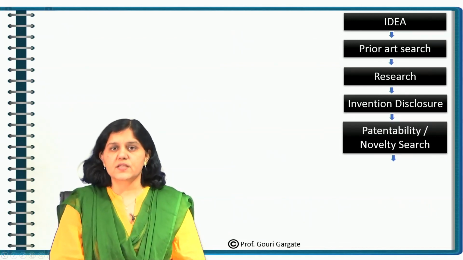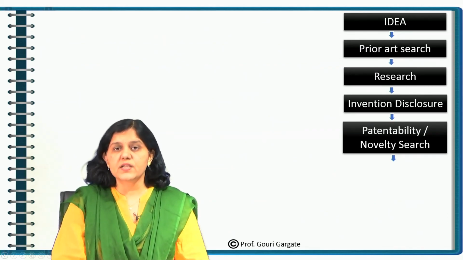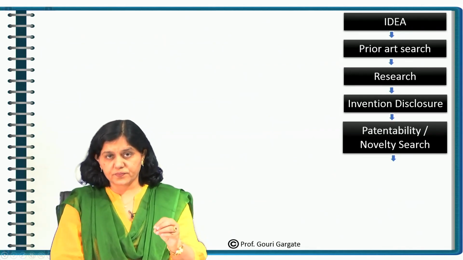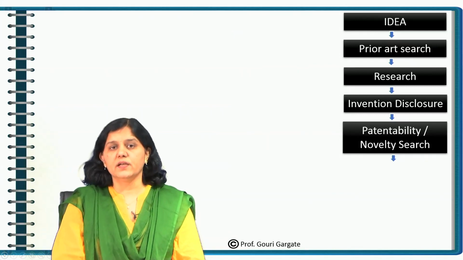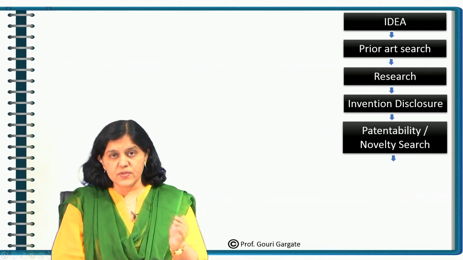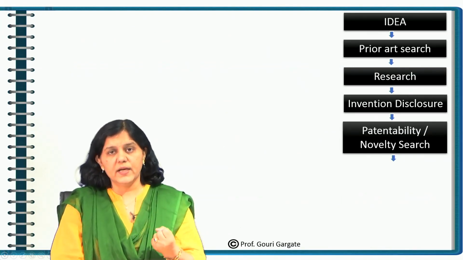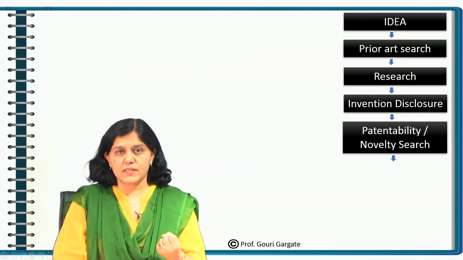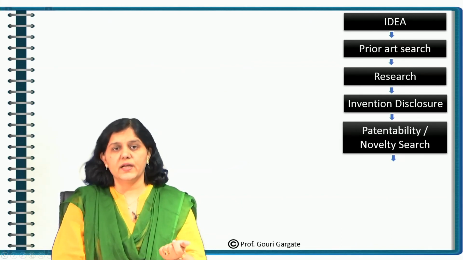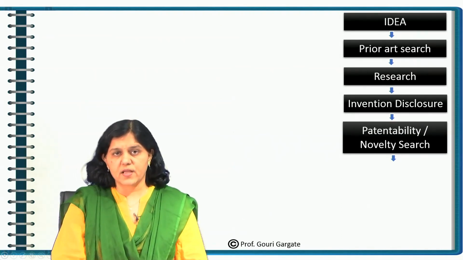Also in week 6, we are dealing with the use of patent databases for a research project. In one of the modules this week, we are sharing a list of various patent databases which you can explore. By using these databases, you can dig out related patents and check the patentability. This way the patentability search can be done.